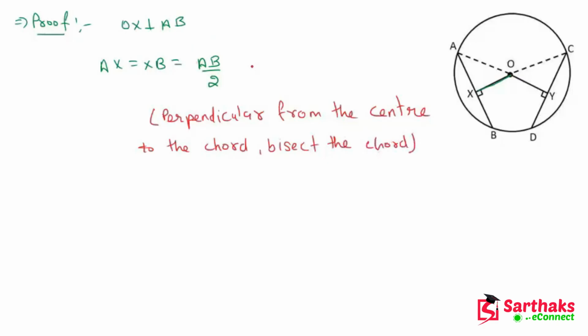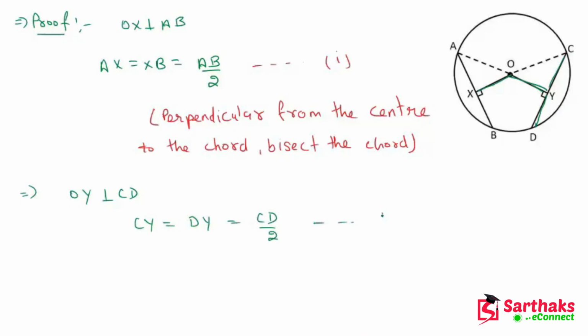Let's suppose this is equation number 1. We also know that OY is perpendicular to CD. Again, this OY is the perpendicular from the center to the chord. It means DY is equal to CY, so we can write CY is equal to DY, which is equal to CD upon 2.